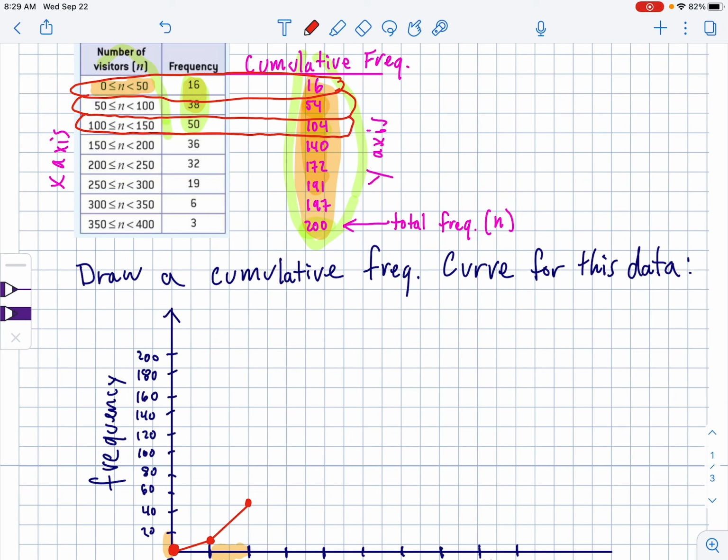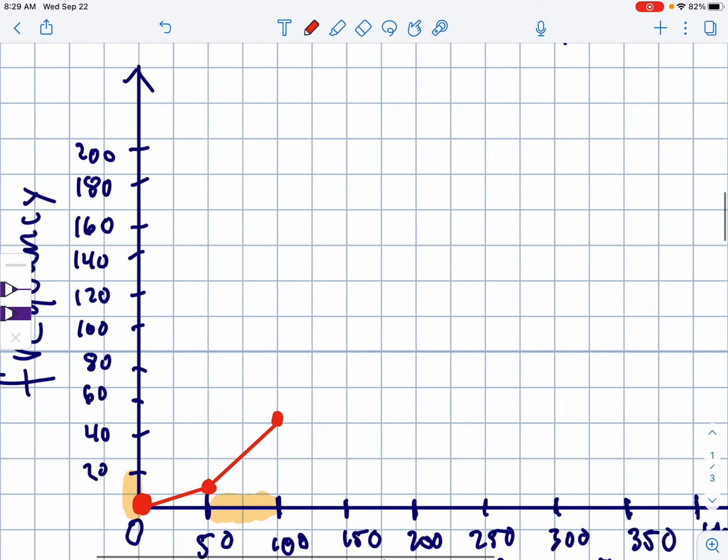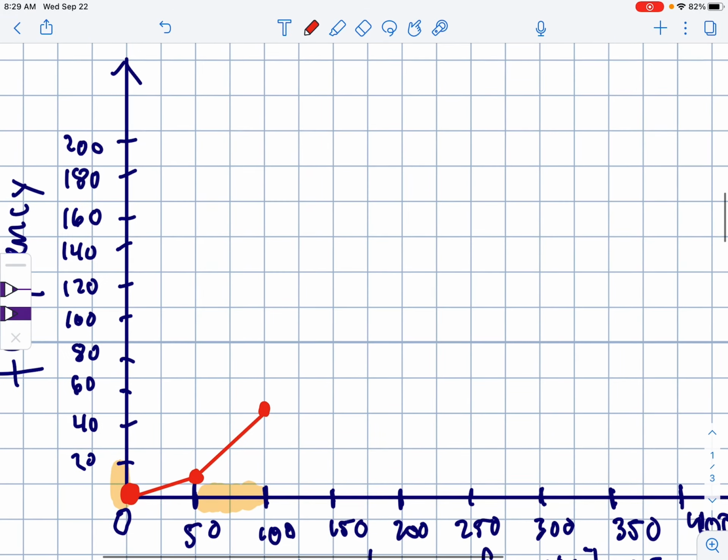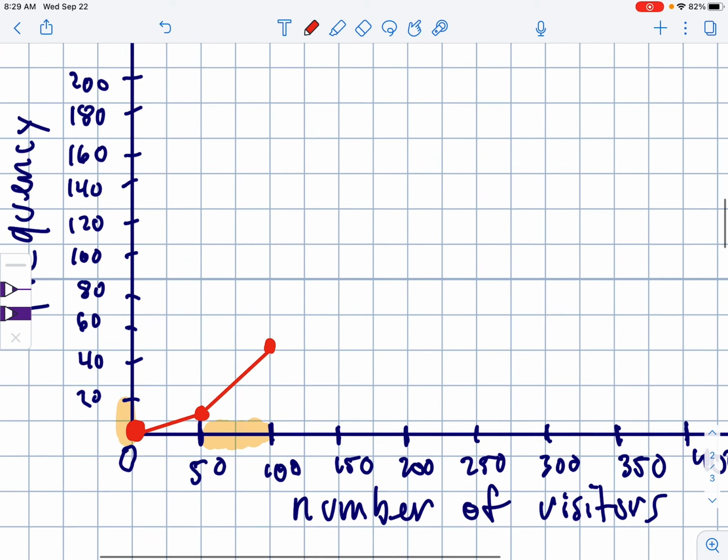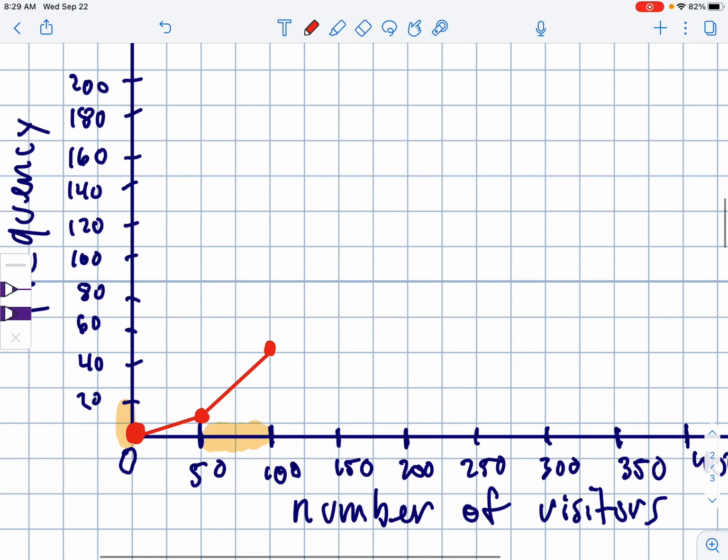The next one, from 100 to 150, jumps up to 104. Remember, you're always looking at this range and what the frequency is. So from 100 to 150, we're going to jump up to 104, which is just going to be a little bit past 100. So like here.